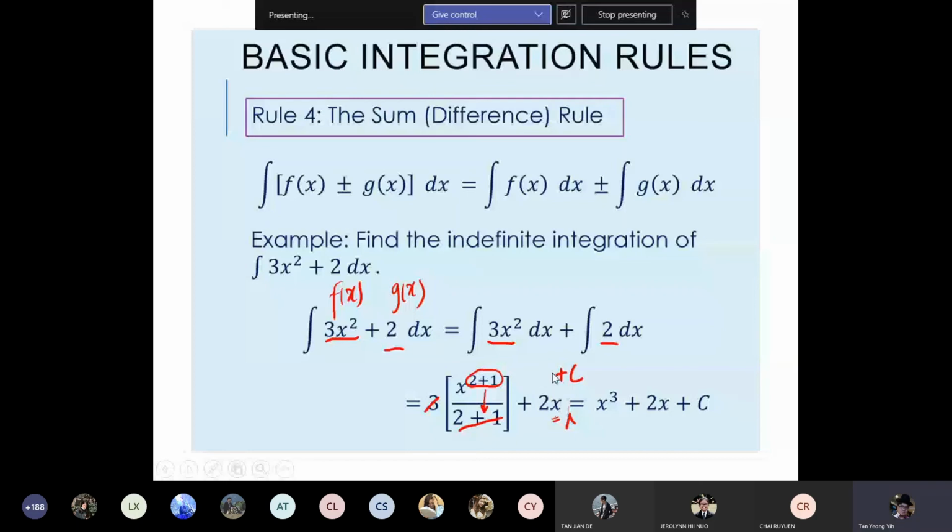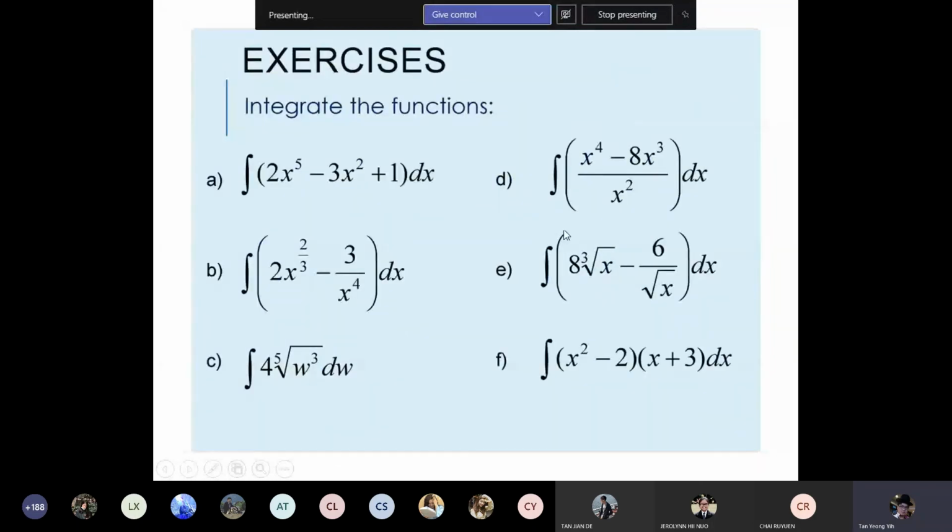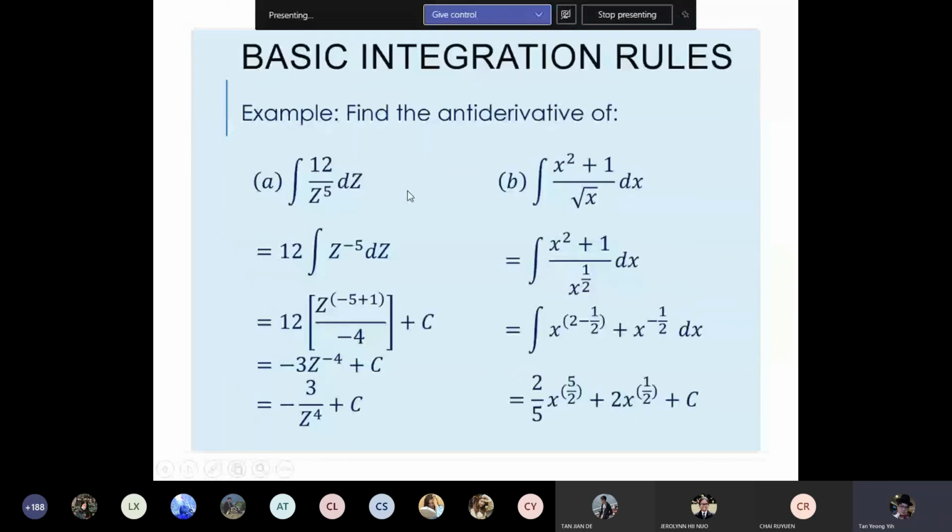Okay, so we have 2 examples here, followed by 6 exercises that you need to complete in the class. Today we don't have a class participation activity, because I want you to complete this in the class. Now find the antiderivative of this. To integrate this one, what should we do?